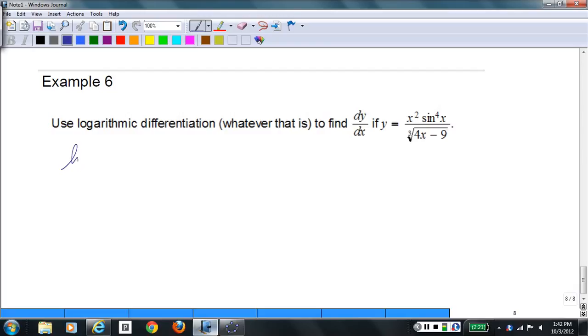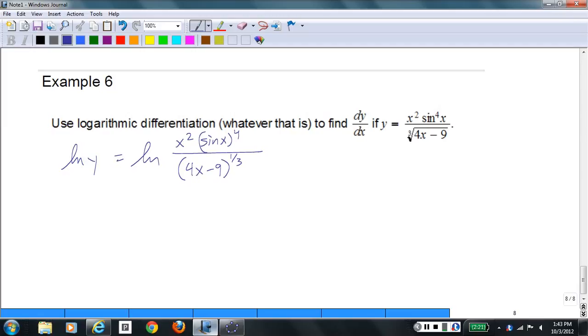Natural log of y equals the natural log of x squared sine x to the fourth over 4x minus 9 to the 1/3. Take the natural log of both sides. Before we take any derivatives, simplify the right-hand side as much as possible.